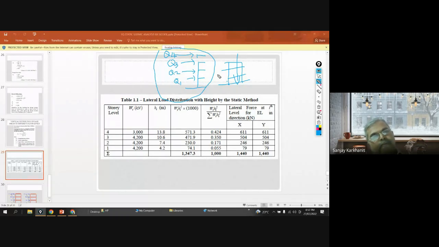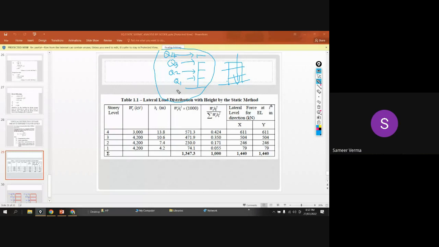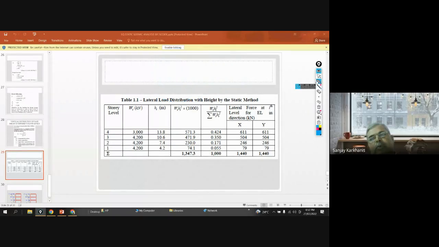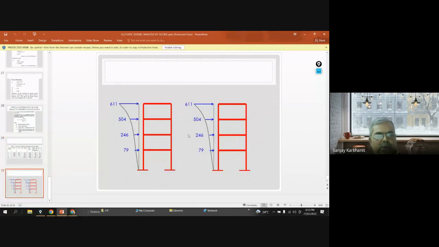Yes, sir. So that is the process, and now I will just show you that. This is for earthquake in X direction. This is for earthquake in Y direction. You can apply all these forces at every floor, and you can go for your analysis, and the analysis will give you the results based on whatever forces you have applied.